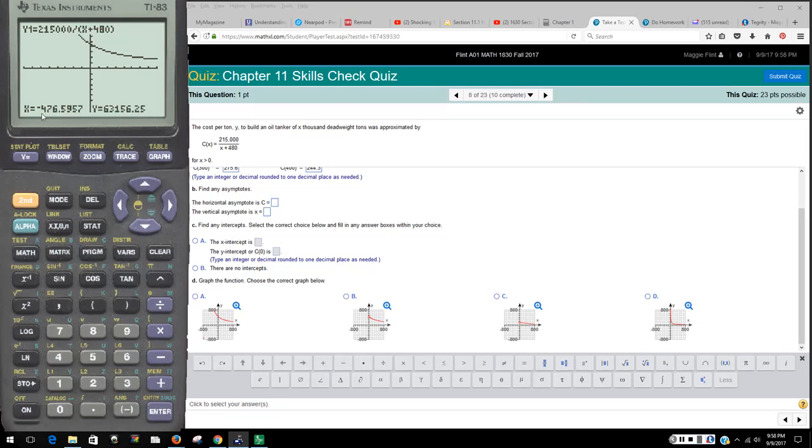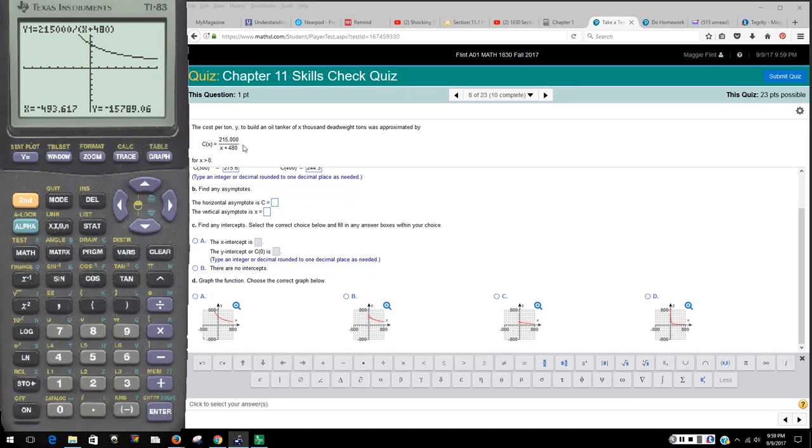Notice that it went to a negative number between negative 476, negative 493, negative 510. So when did it go from being positive to negative? Well, it was positive at negative 476.5, and then suddenly negative at 493.61.